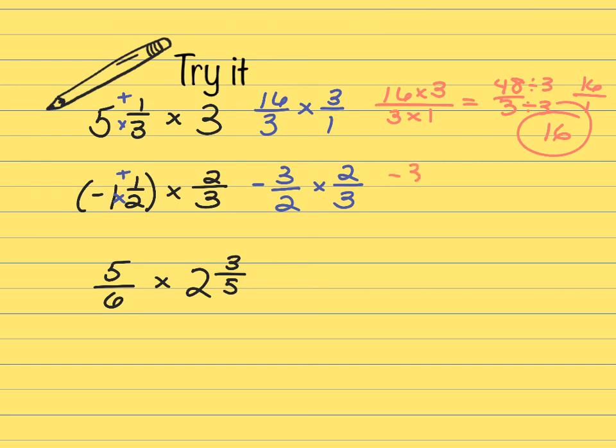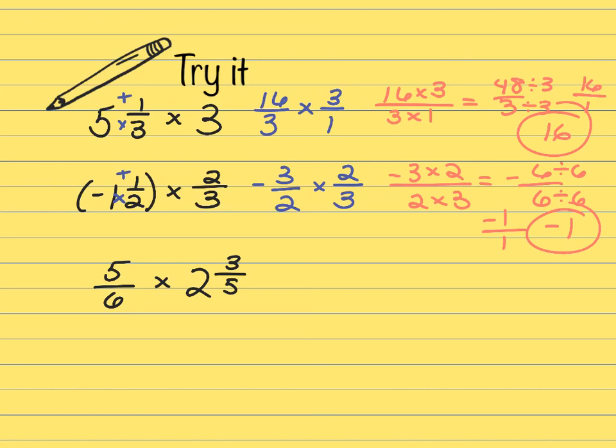We're going to multiply our numerators first, and then we are going to multiply our denominators. -3 times 2 equals -6, and 2 times 3 also equals 6. Both of these numbers can be divided by their greatest common factor, which is 6. And -6 divided by 6 is -1, and 6 divided by 6 equals 1, and that can be simplified even further by just writing the whole number, -1.